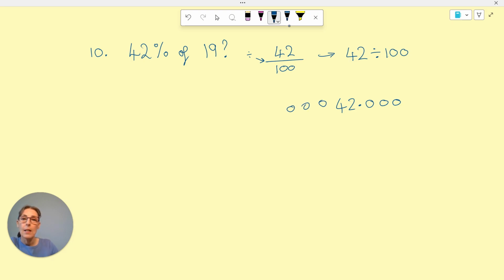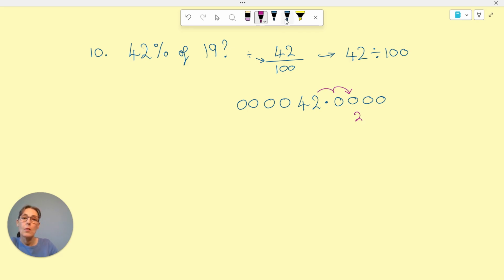That was really messy. So I like doing it this way. 42 with some zeros, that way it's still messy. That was better. So we're going to divide the number by 100.